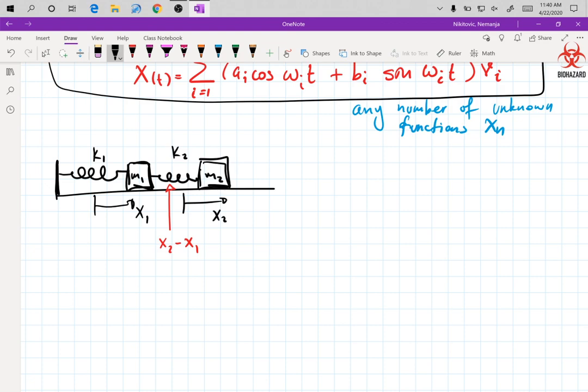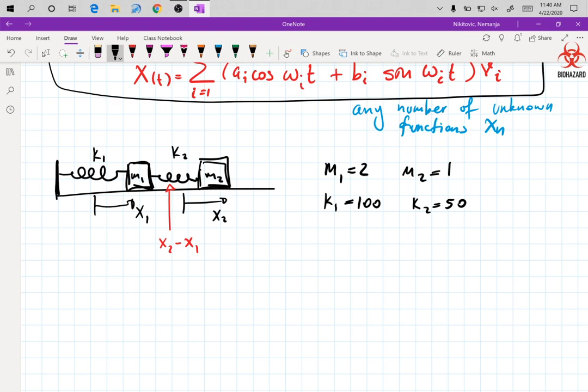I have that mass 1 is 2, mass 2 is 1, K1 is 100, K2 is 50.